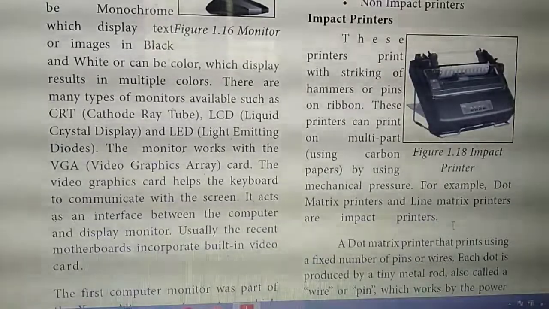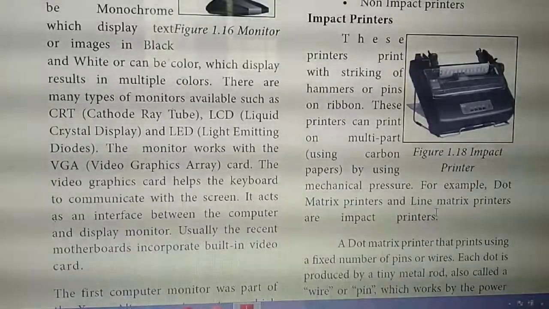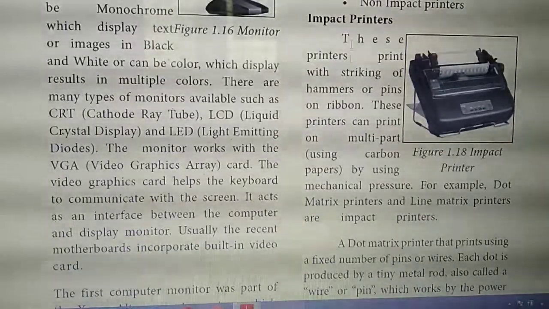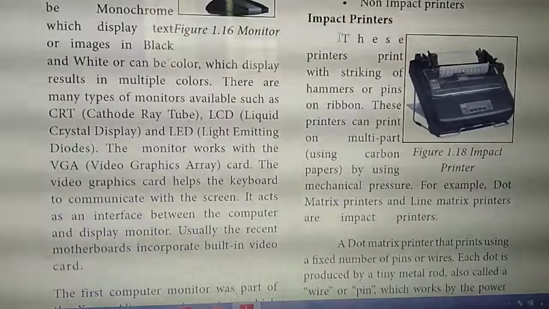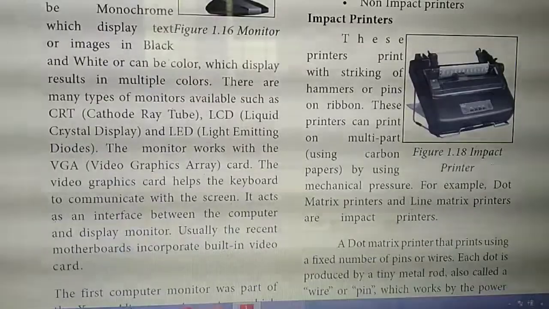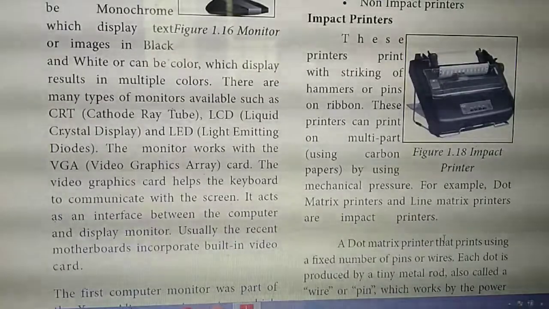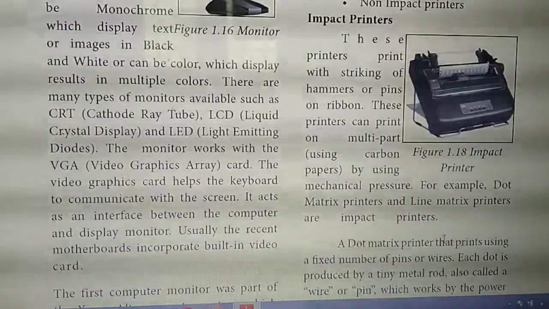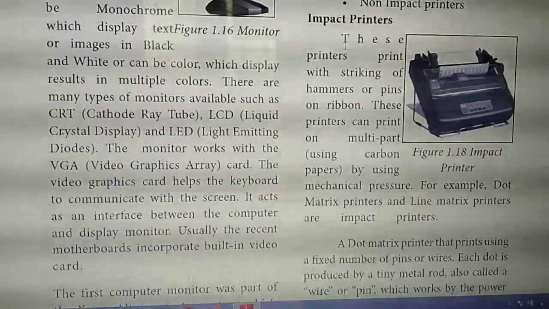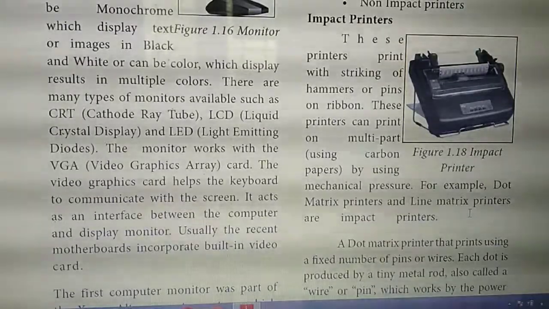First paragraph, for example, dot matrix printers and line printers are impact printers. Starting from these printers print striking of hammers, till impact printers. Have you all marked? This is the sixth question, from here to here.